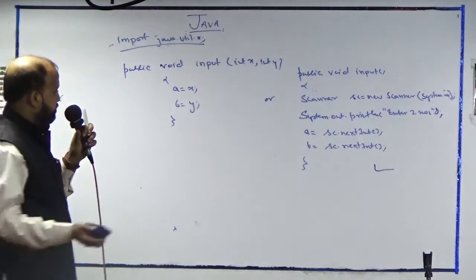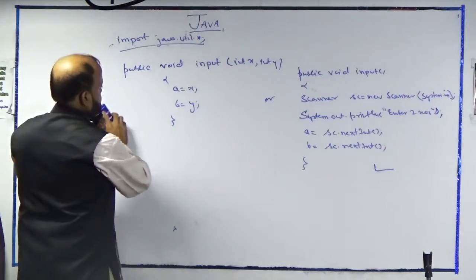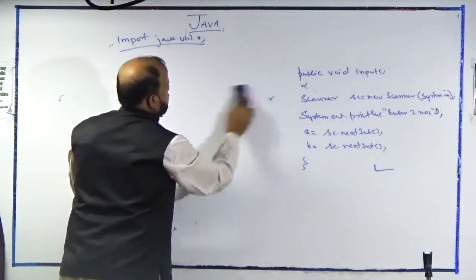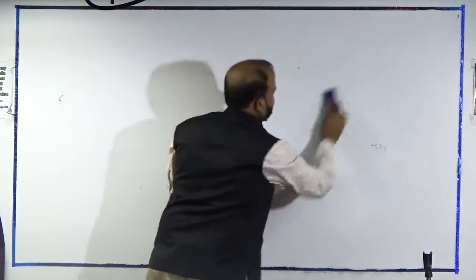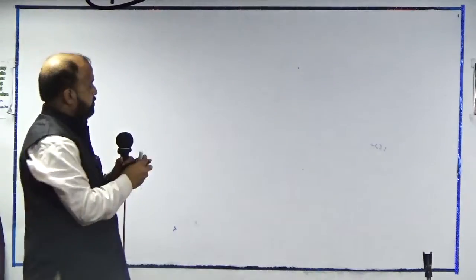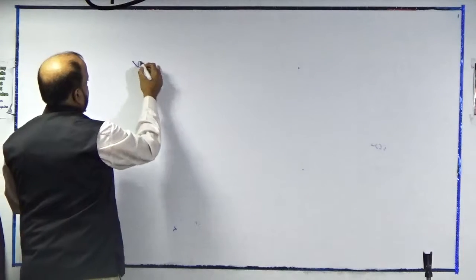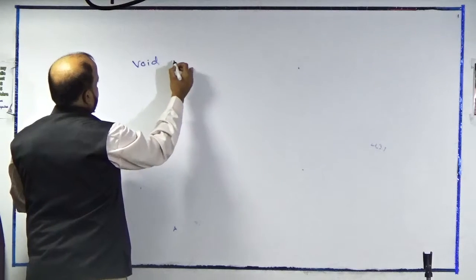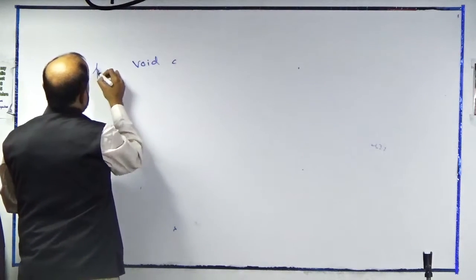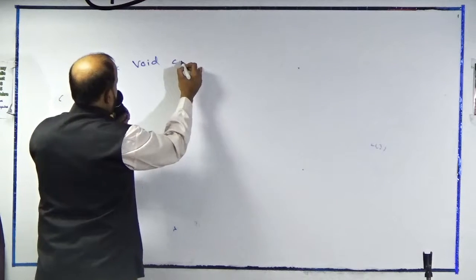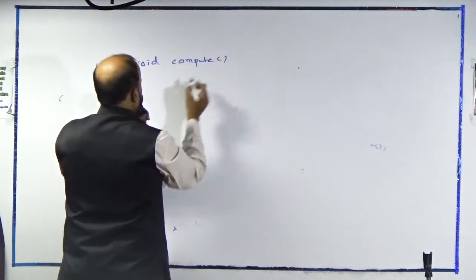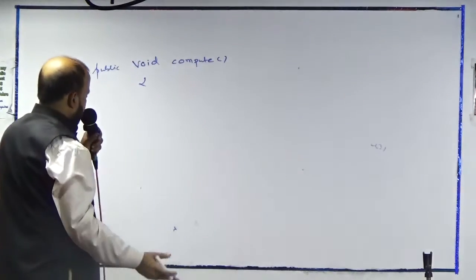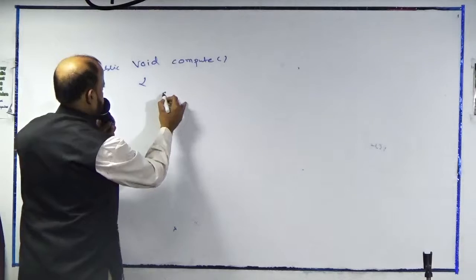So after this, public void, suppose compute. You give any name which is not a keyword, or whatever name is given in the question.